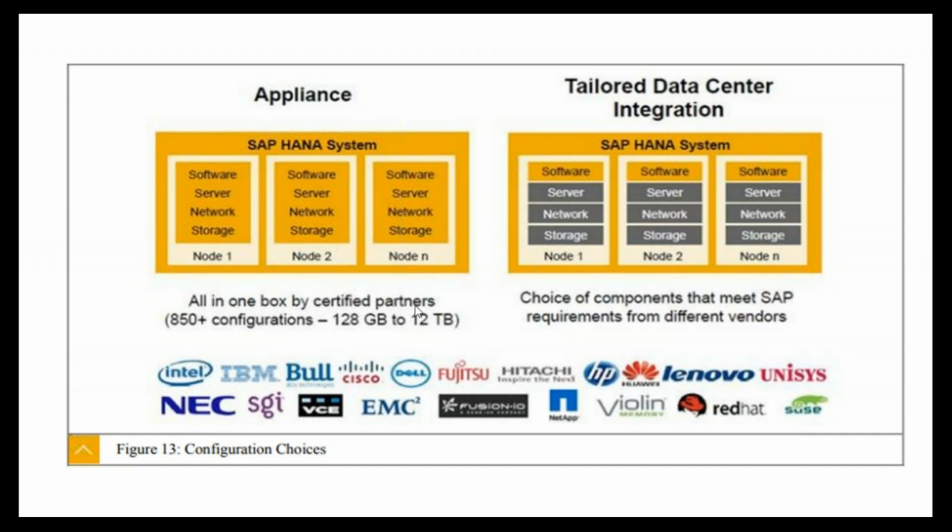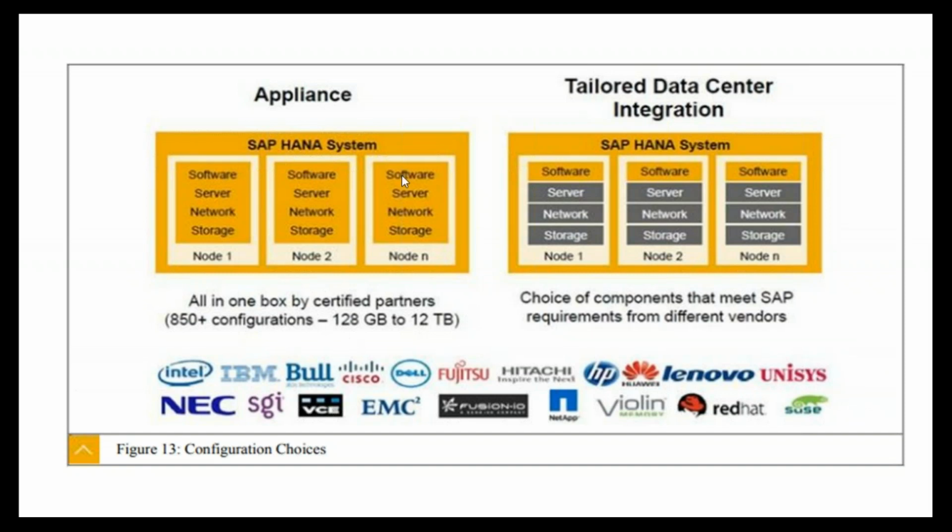All in one box by certified partners. Since we have a very complicated system, SAP recommends purchasing everything from their own process. These are the channel partners for SAP, who have partnered with these companies to build the hardware and then provide the client the final appliance.